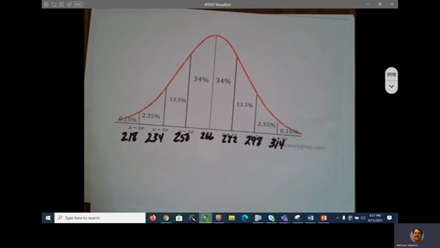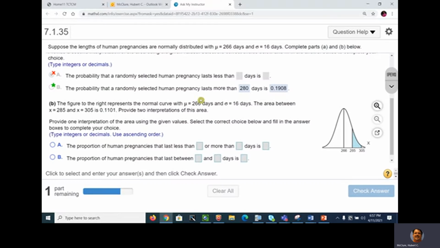And they're saying that they have a probability, the area between 305, and we'll do this in blue, 305 and 285. 285 would be right in here. Is equal to 0.1101.